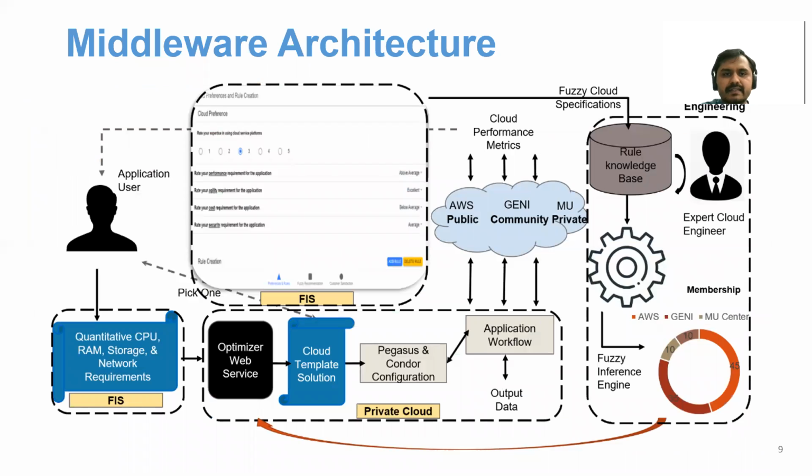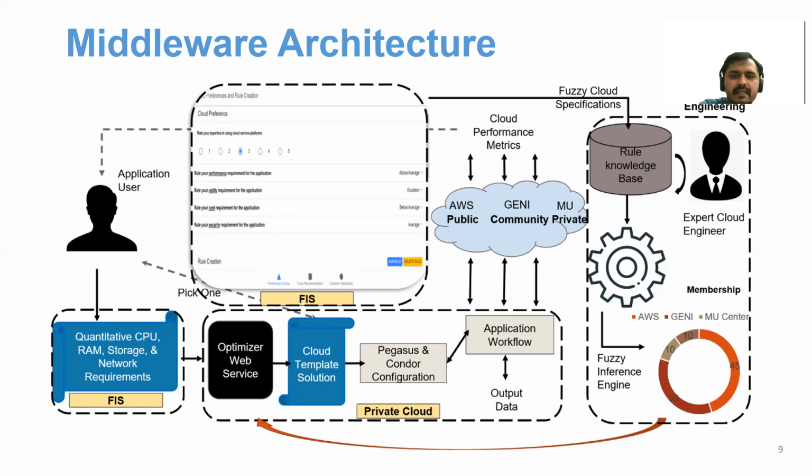So this here is our middleware architecture. If you see here, the user has an option of giving the requirement in terms of quantitative measures, and then we have developed FIS, which is fuzzy inference system, which collects data for qualitative assessment of what the user wants from their cyber resources.